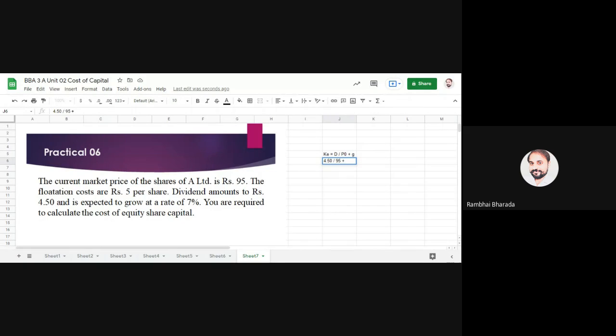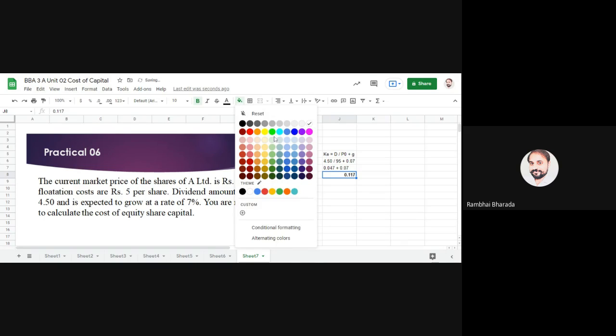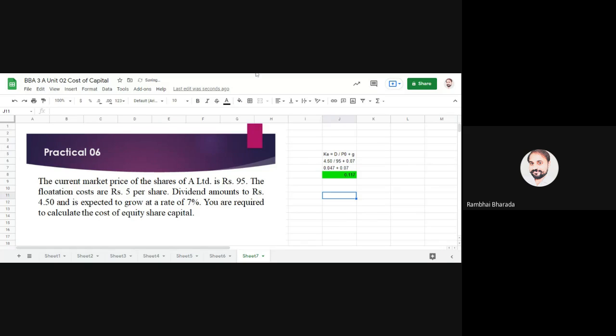Plus G, 0.07. 4.5 divided by 95 is 0.047, plus 0.07, like this. Yes. It is easy for everyone to do this calculation. Yes.